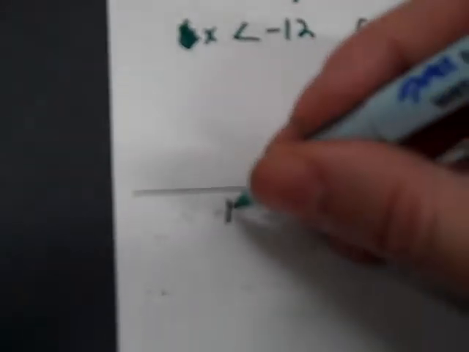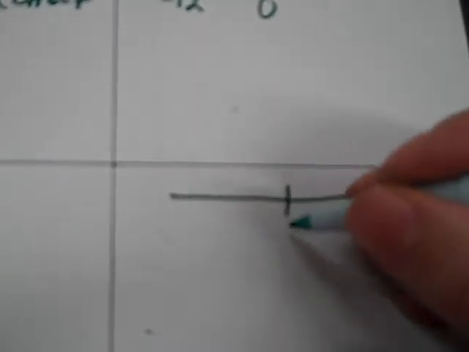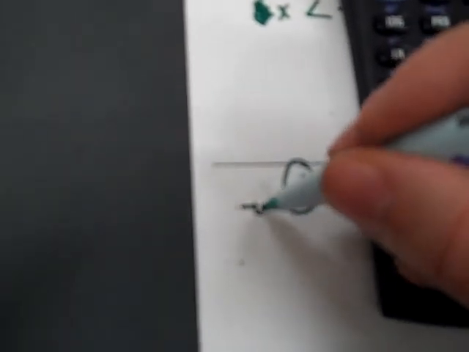Okay, next one. 4 plus x is greater than 7. So I put a 1 in front, dot it, circle it. Okay, so I'm not concerned about that side. I have a 4 being added. It's positive, so I switch that to minus 4. And I minus 4 from 7.